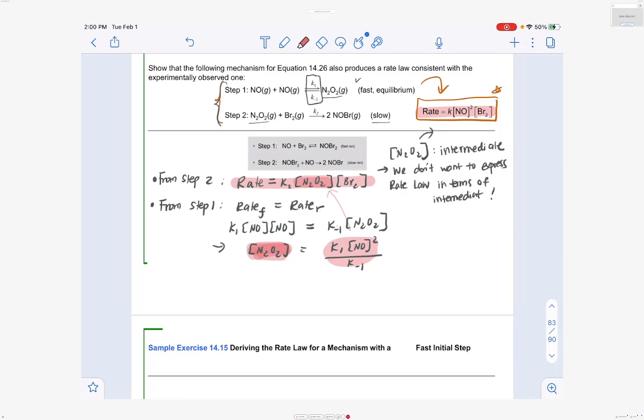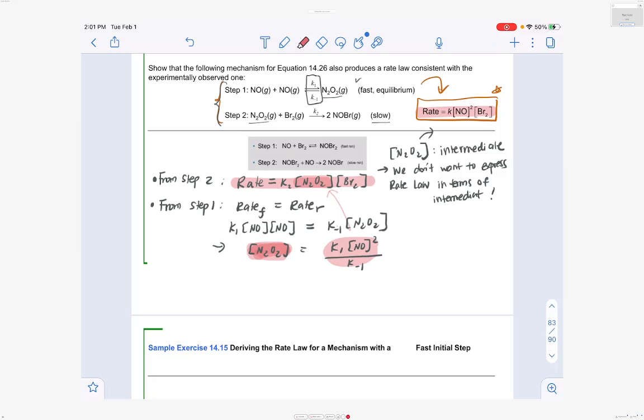Quick question, Dr. Lee. Yeah. How do we identify intermediates? If you look at step 1 and step 2, the easy way to do it is you write the overall equation. So you add all the reactants and you add all the products.